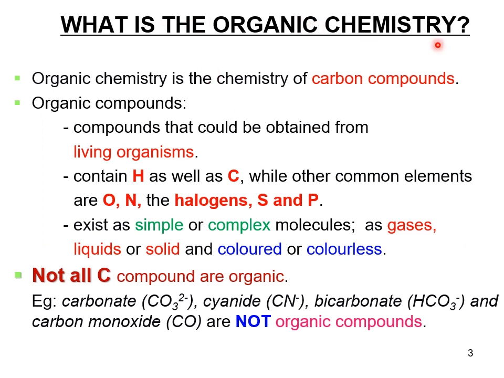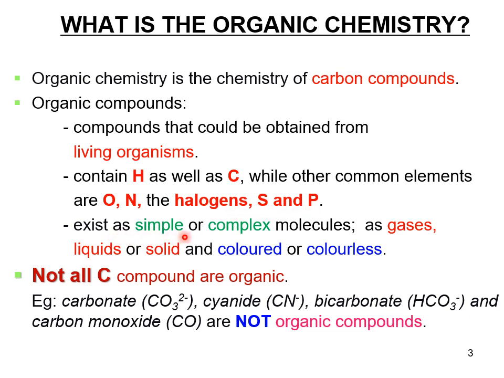What is organic chemistry? Organic chemistry is the chemistry of carbon compounds, and compounds that could be obtained from living organisms. They normally have hydrogen and carbon, and other common elements are oxygen, nitrogen, halogens like chlorine and bromine, and then sulfur and phosphorus.